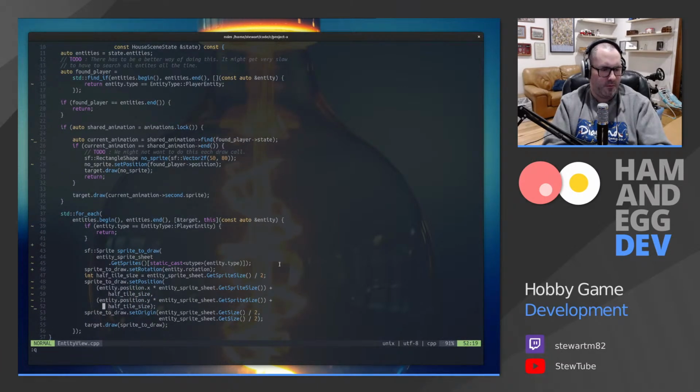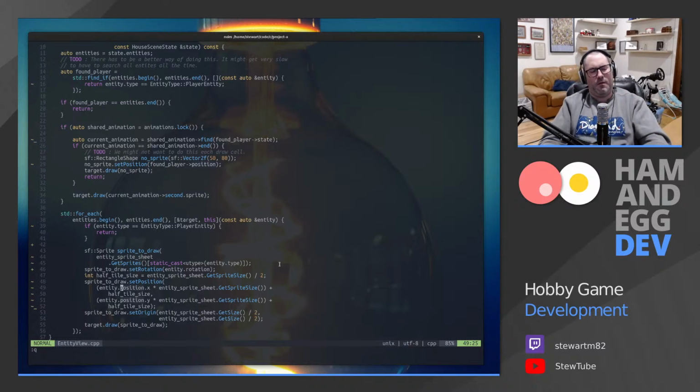Rotation and right to draw, set origin, set position, entity dot position. That looks right.